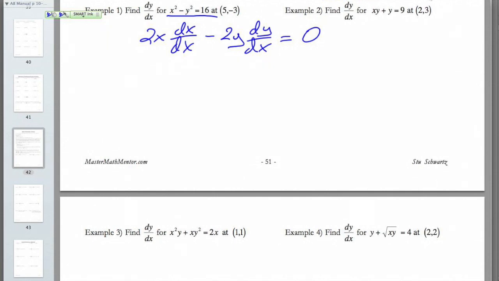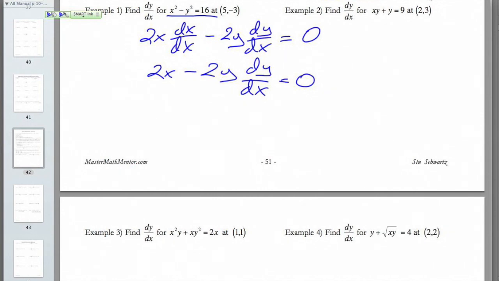Now, notice, what is dx over dx? It's 1. So I have 2x. Why do we have to write the letters? We have to keep track of what we're taking the derivative of.